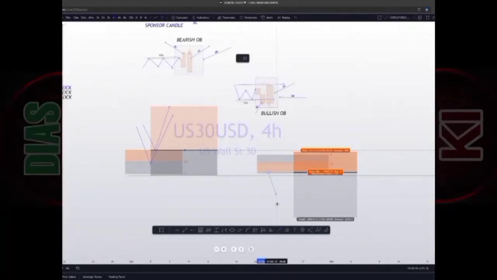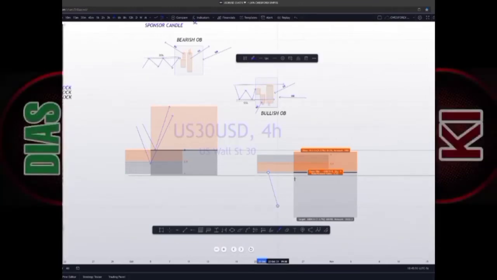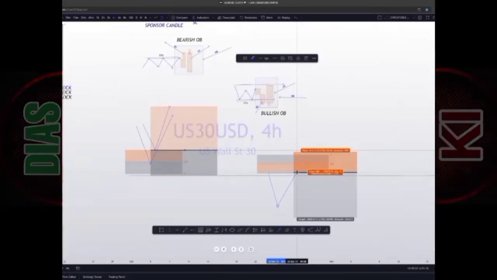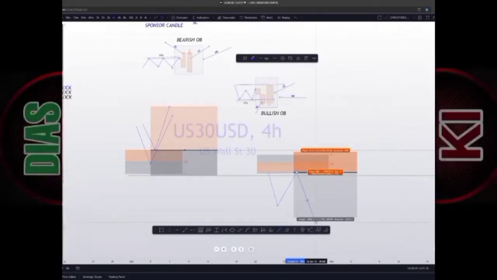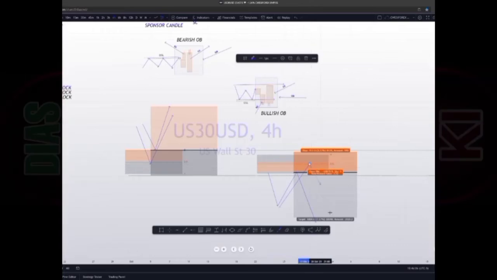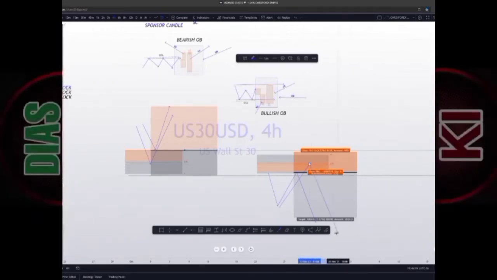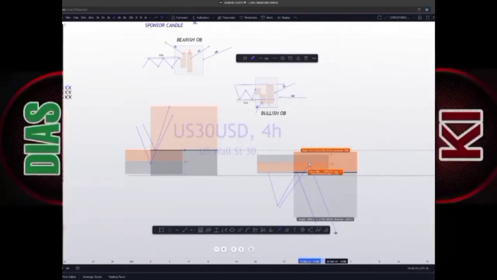So we have price moving from the order block, breaking structure, and price retraces back to mitigate this order block and sell to the downside, or price mitigating the 50% fully and sell to the downside.